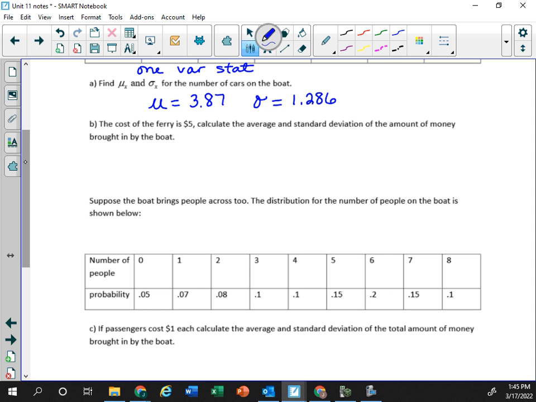So if you get $5 per car, you're just going to multiply that by the mu and sigma that you already have. So mu of the money and sigma of the money of our cars, that's 5 times the 3.87 and 5 times 1.286. Yep.